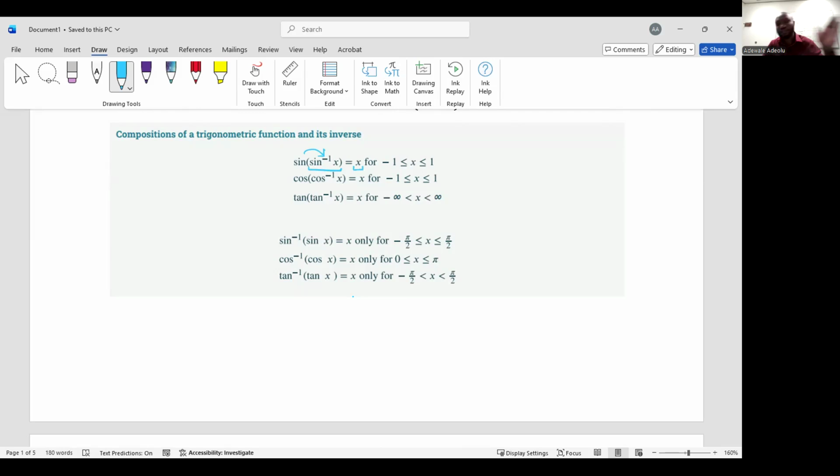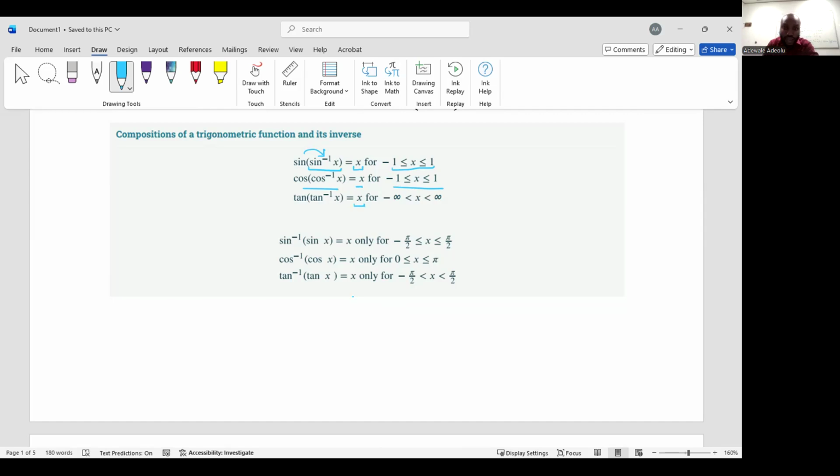So in that case, we say that is fine. It is x when our x is between -1 and 1. And for cosine, it also holds when x is between -1 and 1. And for tangent, it also holds when x is from -infinity to +infinity.